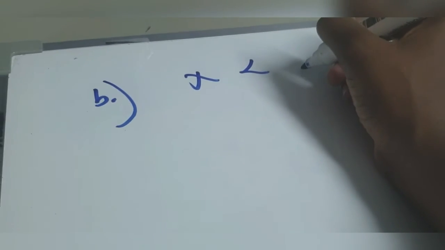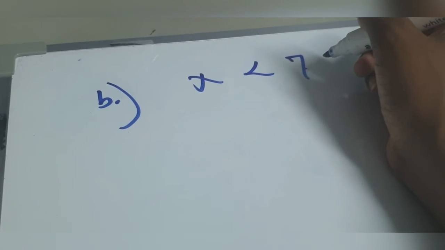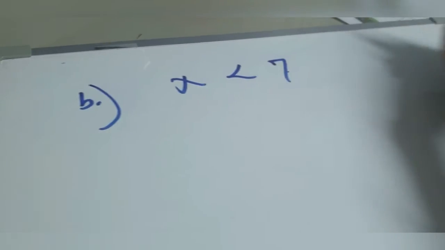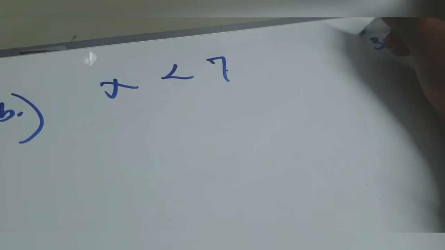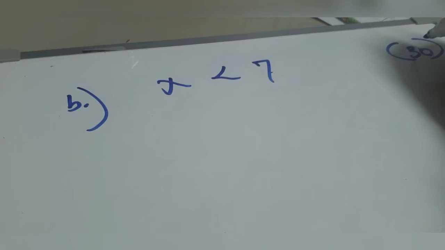Good. Part B, we have Suni bought x apples and 7 watermelons. The number of apples bought is less than the number of watermelons bought. So we know our sign is less than. The price of each type of fruit is 30. So we have on the side 30. Each type means each.